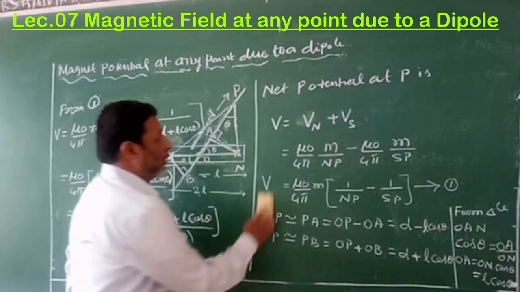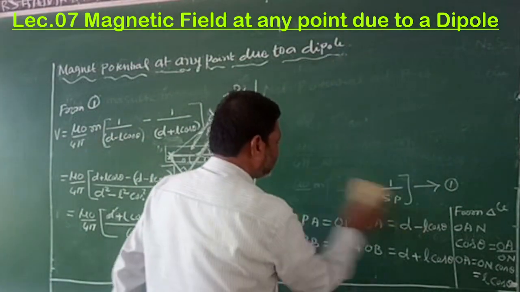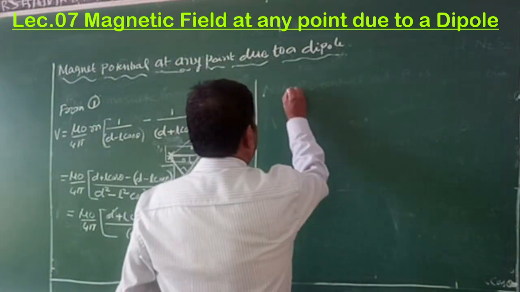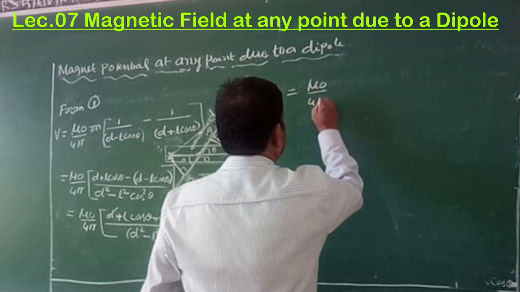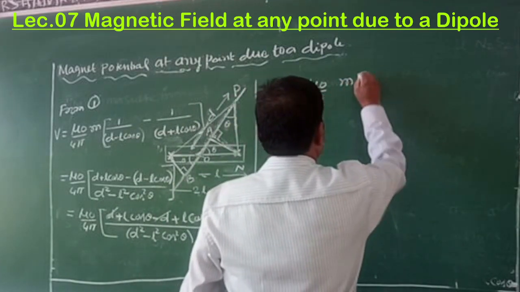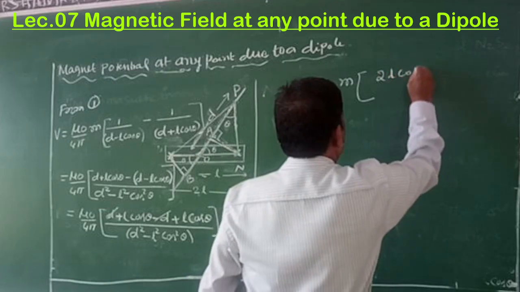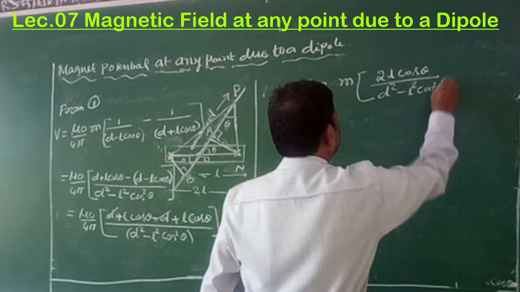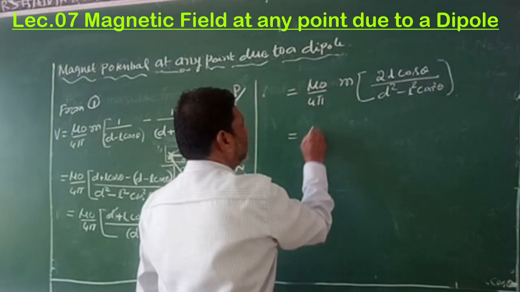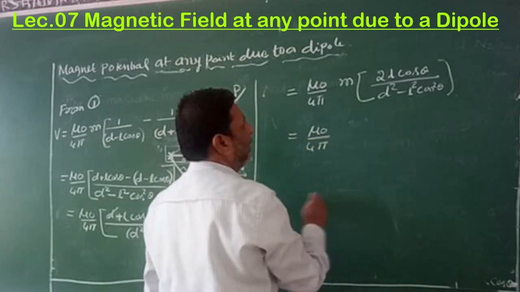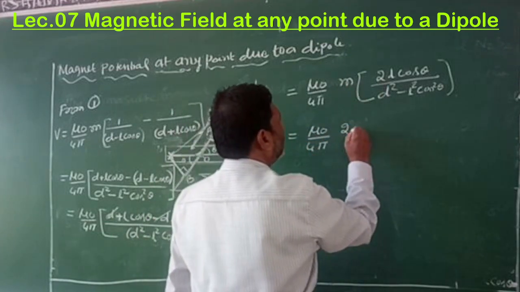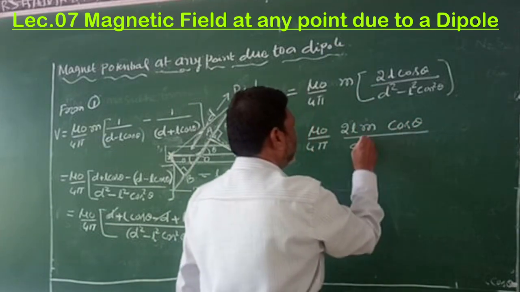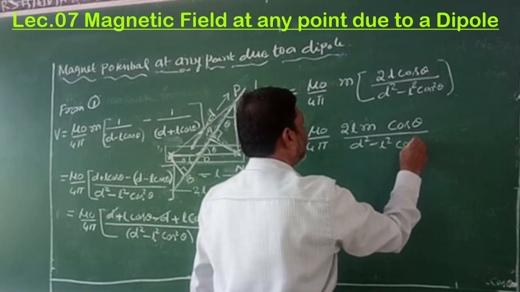Therefore, this is equal to mu naught divided by 4 pi m into 2L cos theta divided by D square minus L square cos square theta. When you rearrange these terms, you get mu naught divided by 4 pi into 2L m cos theta divided by D square minus L square cos square theta.